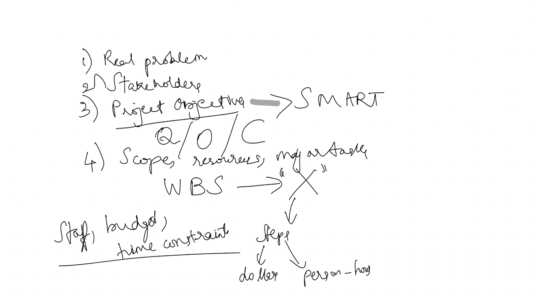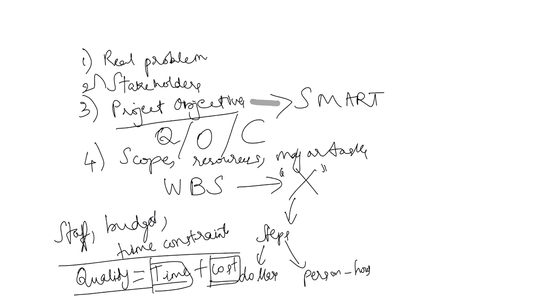At the end of the day, you're looking for quality, which is tied up in the equation with time plus cost. Changing any of these variables will impact quality. Any of these variables changing in the middle of the project will have an impact, and you need to make sure there is a good amount of communication with respect to quality and deliverables.